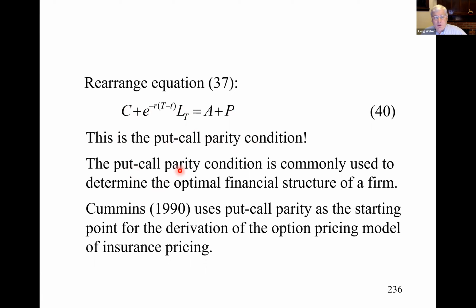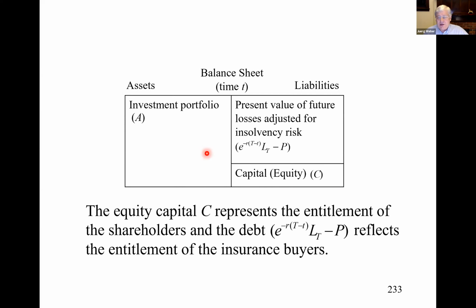And this put-call parity condition is commonly used to determine the optimal financial structure of a firm. By this I mean it's commonly used to calculate how much debt a firm should have relative to equity capital. So that's the financial structure of the firm. How should you finance a firm?